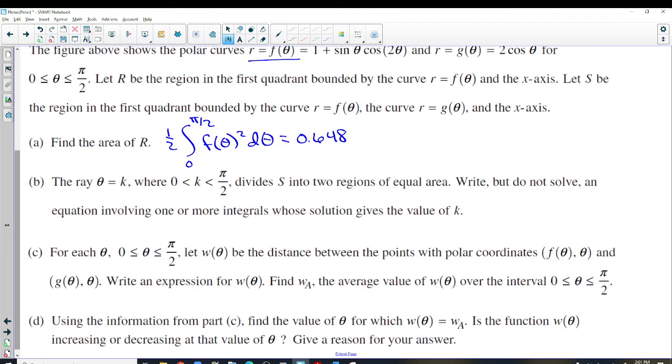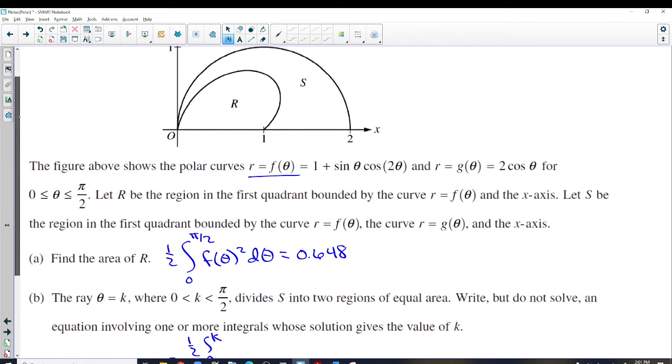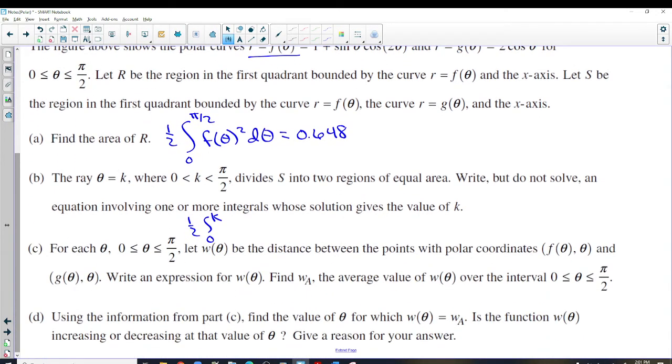So we want 1/2 integral from 0 to k of g minus f, so g of theta squared minus f of theta squared d theta. So that would be from 0 to k is equal to 1/4 of 0 to pi over 2 of g of theta squared minus f of theta squared d theta.